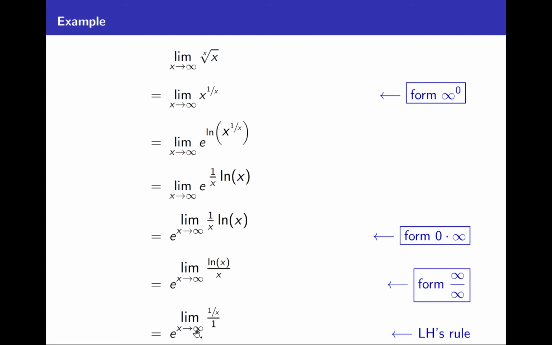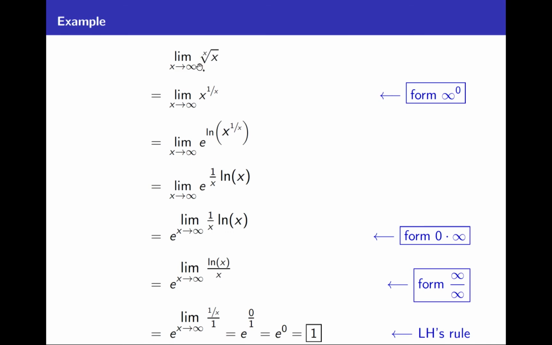And the limit as x goes to infinity of 1 over x, well, that's 0. So we get e to the power of 0, and that's equal to 1. And there we go. It's kind of amazing that we could figure this out. But the limit as x goes to infinity of the x root of x equals 1.